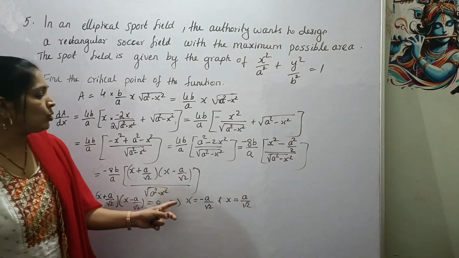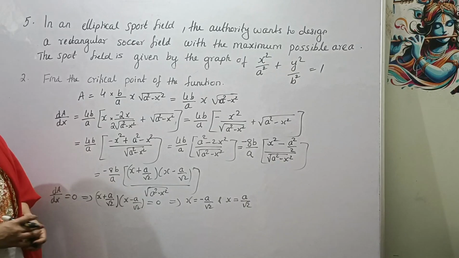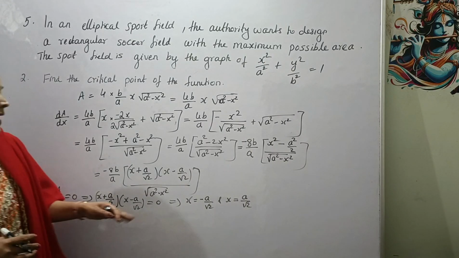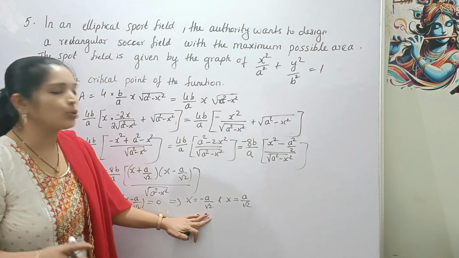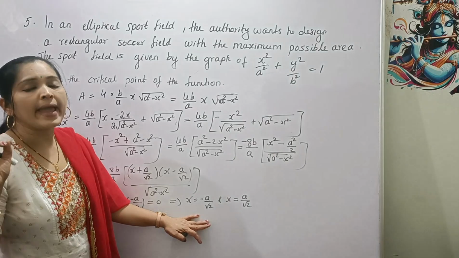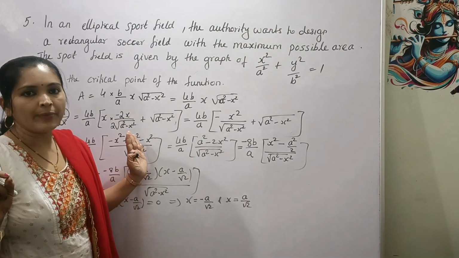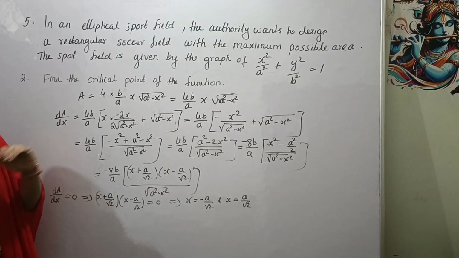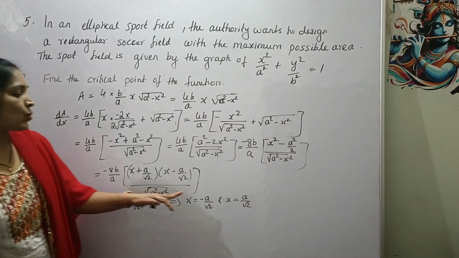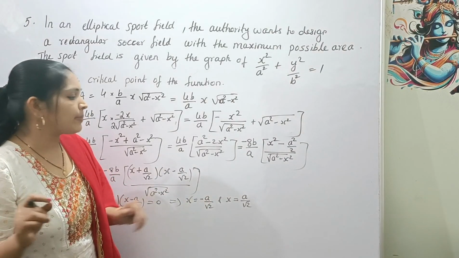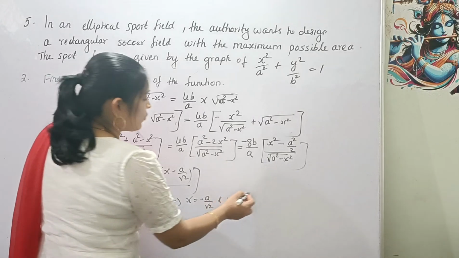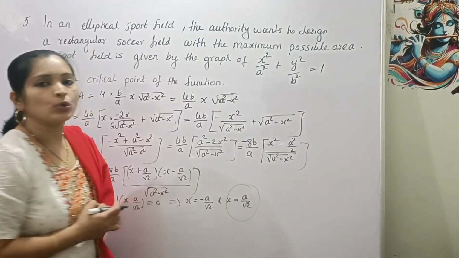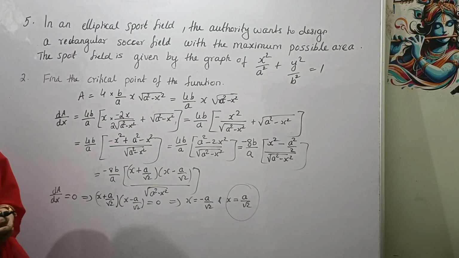So x is equal to minus a by root 2 is not possible, since x denotes the length. Here 2x is the length of the rectangular field. Therefore x is equal to a by root 2 is the critical point of the function.